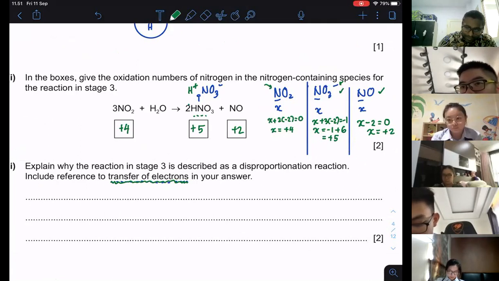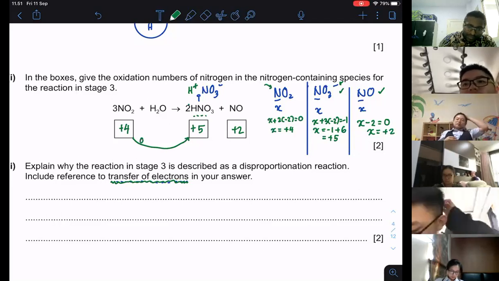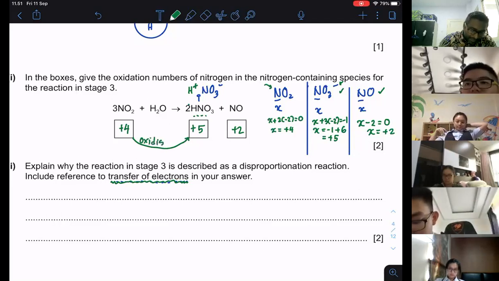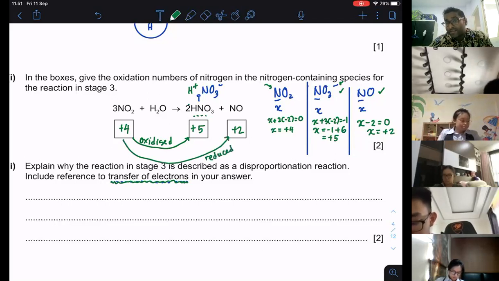So when you look at this one, from plus 4 to become plus 5, I know this is oxidized, an increase in oxidation number. When I change from here to here, I know this is reduced, because it's a decrease in oxidation number.